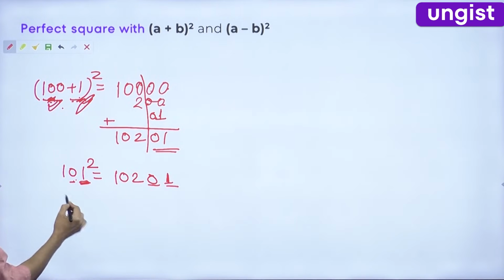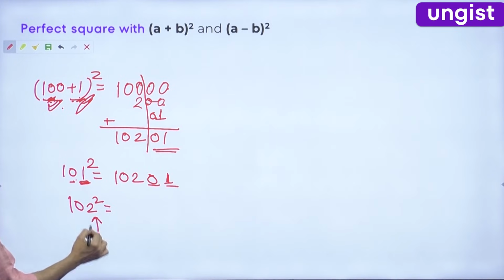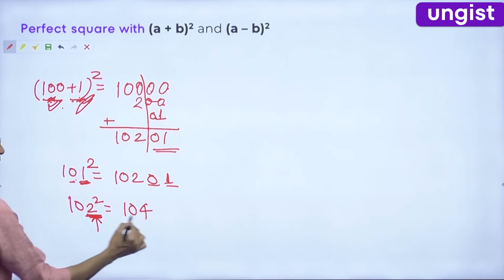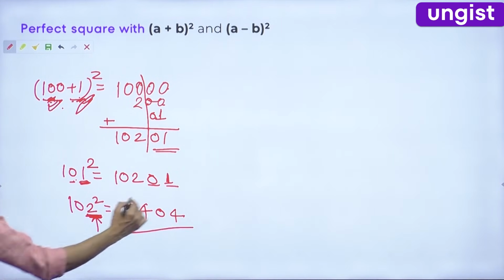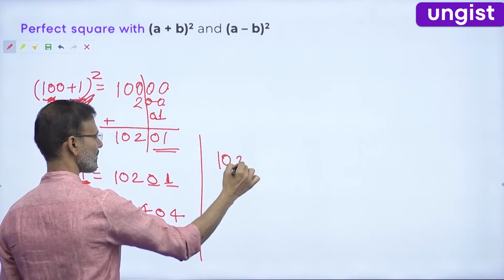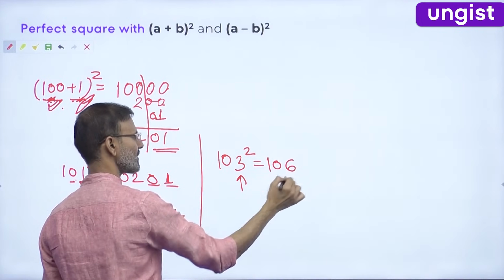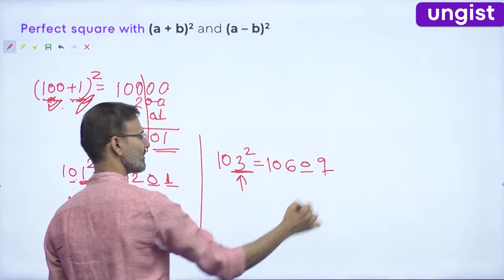Again, 102 square. This number is 2 more than 100, add 2 to it, this becomes 104, and write the square of 2 as the last 2 digits. Again, 103. This number is 3 more than 100, add 3 to it, 106, and write the last 2 digits from the square of 3, so this is 09.